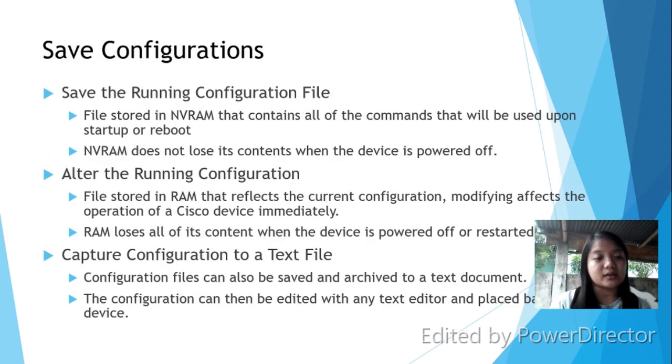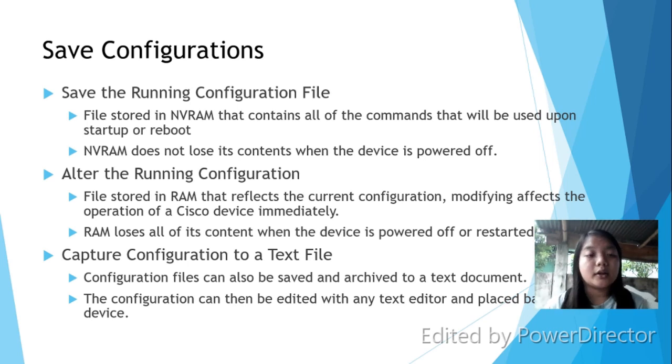Save configuration. Save the running configuration file. The file stored in the NVRAM contains all of the commands that will be used upon startup or reboot. NVRAM does not lose its content when the device is powered off.